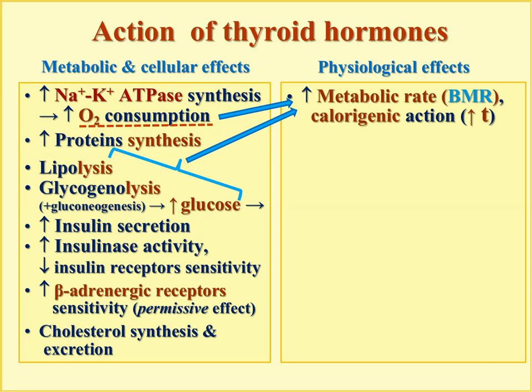BMR stands for basal metabolic rate, which is not related to real activity of the body, because clearly a person that is at rest and a person who is performing physical activity differ for obvious reasons. But even in the absence of physical activity, simply the basal metabolic rate, not related to specific elevations of activity, becomes higher under thyroid hormones action.